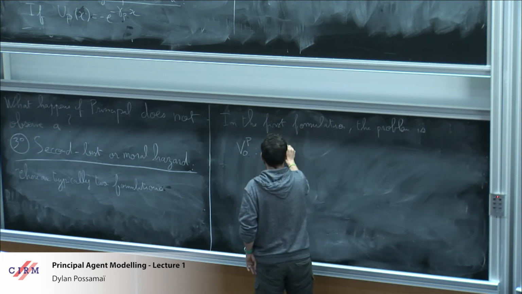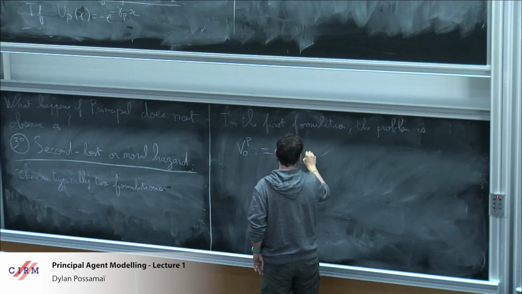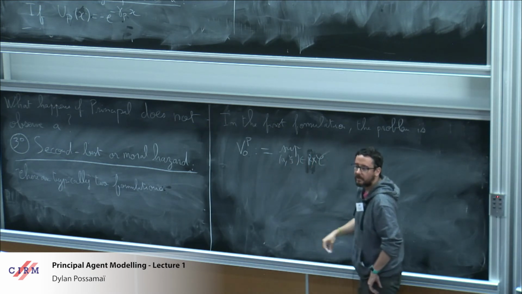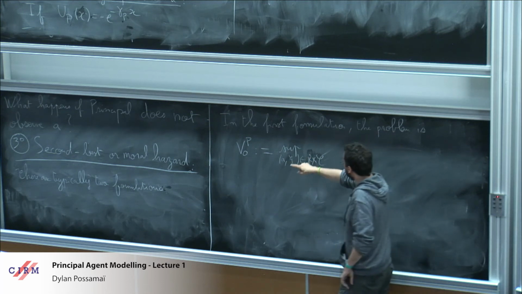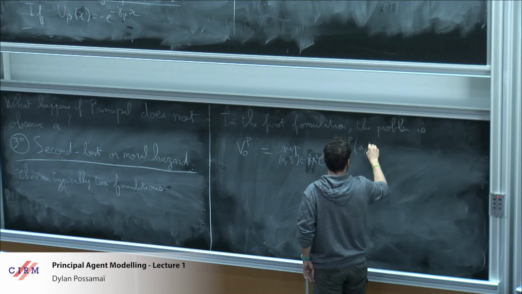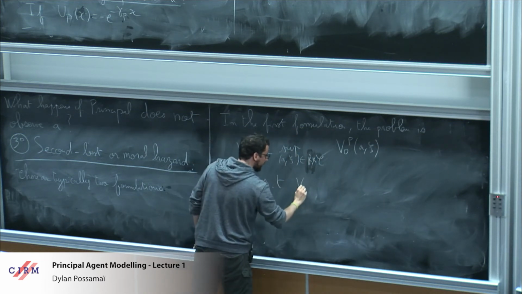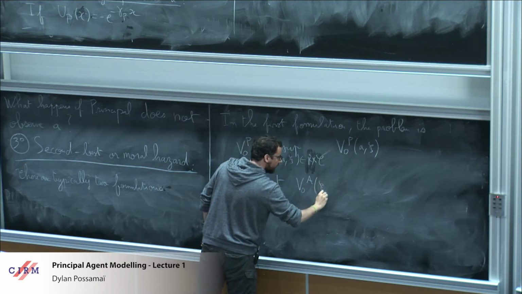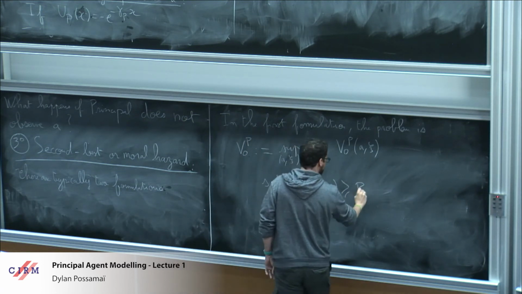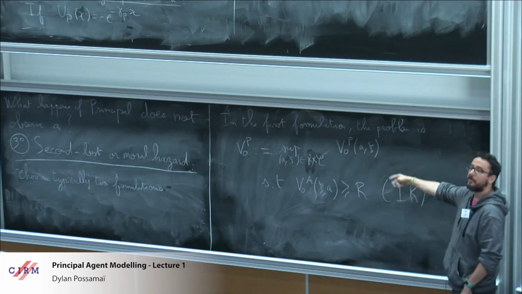So again, I suppose that the principal maximizes over effort and contract. So here that's V0P. I still have the constraint that the utility that the agent gets is above the reservation utility.